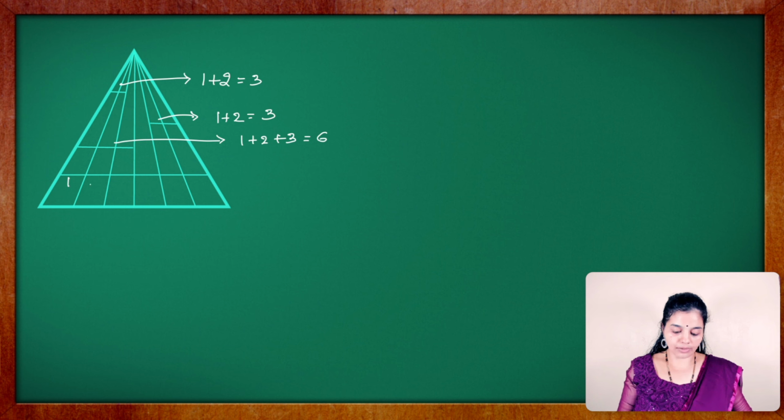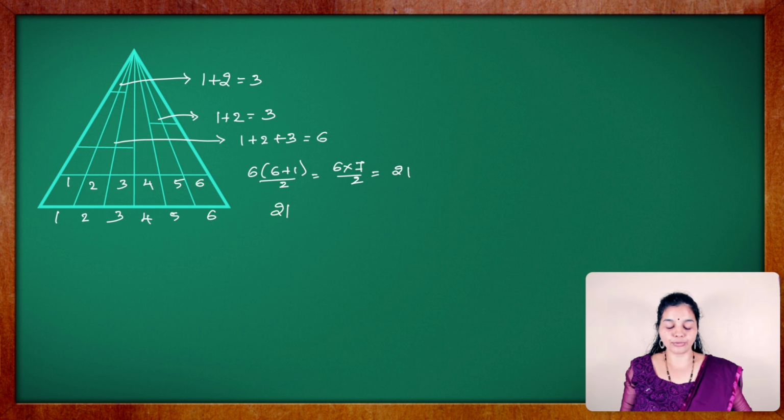So now here I have 1, 2, 3, 4, 5 and 6 parts. So we have to add all those. So I'll use the formula 6 into 6 plus 1 by 2. So 6 into 7 by 2, 42 by 2, that's equal to 21. And again at the base bottom I have 6 parts, so it is again 21.